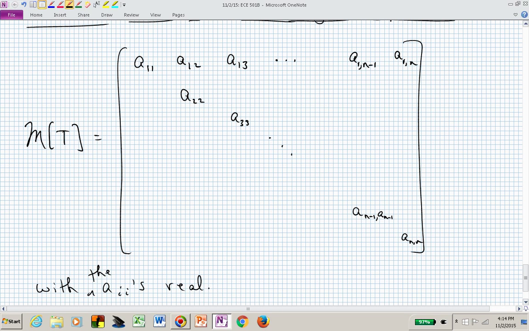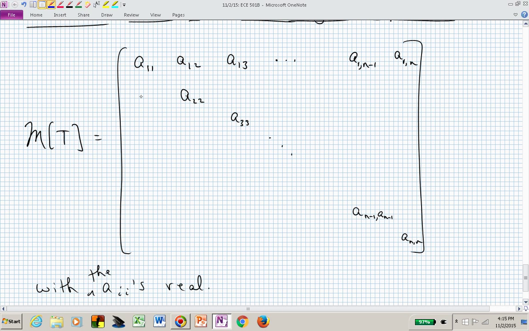What do I know about the first column if I've already written down the first row in terms of these A's? What do I know has to be true with that particular entry, the 2-1 entry? It's the complex conjugate of A12.